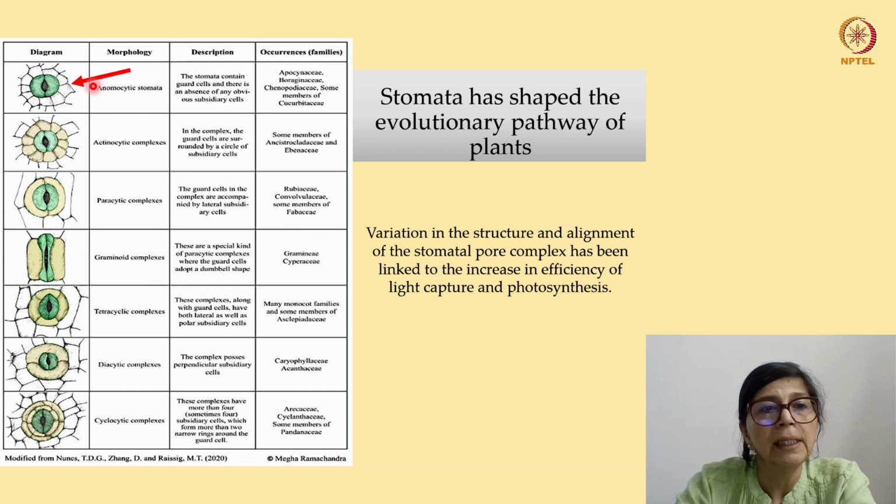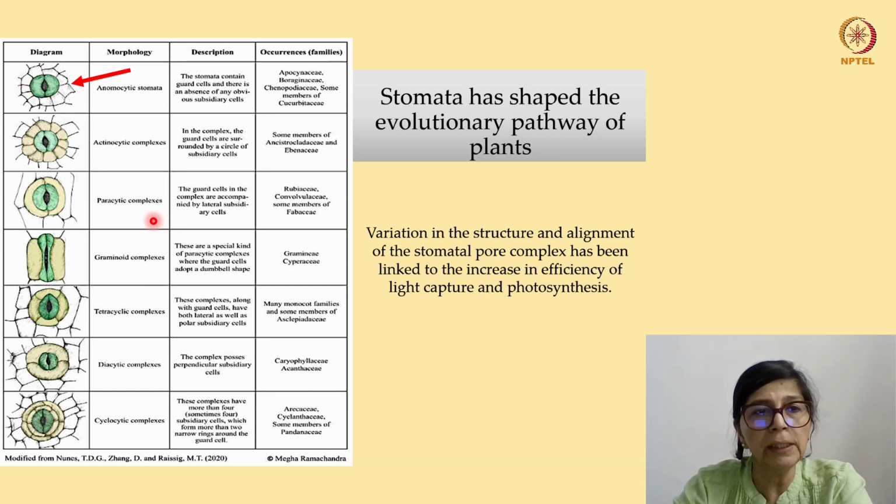these ones. What is the difference between this and all the others on this list? These don't have the yellow things, the yellow subsidiary cells. Those are called subsidiary cells. So these are the first initial types of stomata that evolved. Then slowly they started becoming a little bit more complex.